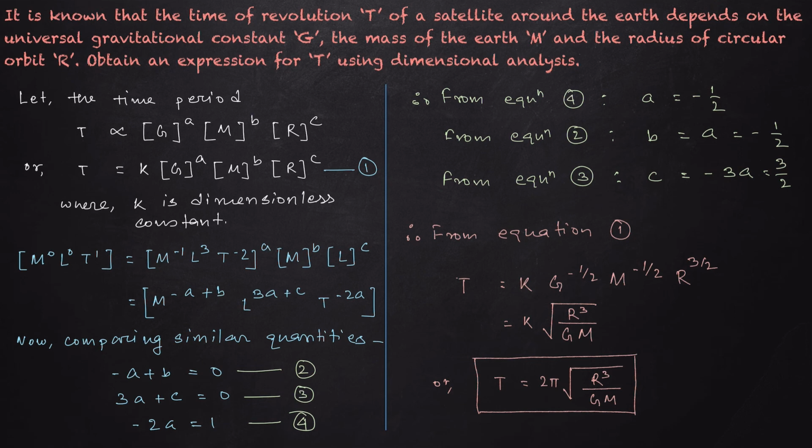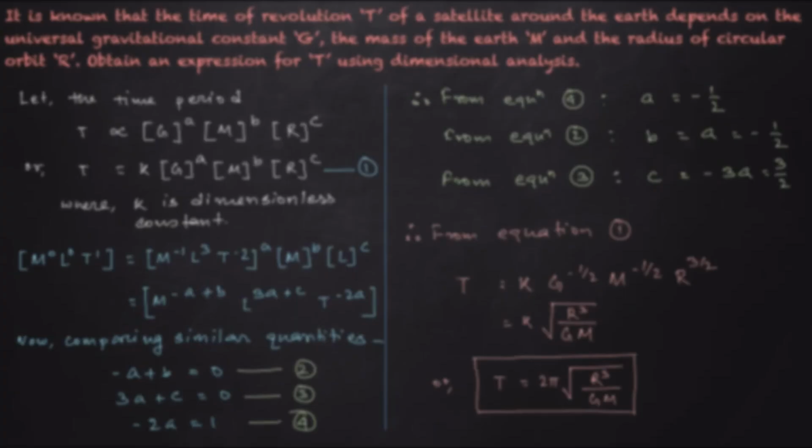So as you can see, there is a limitation of dimensional analysis, that we can't determine the value of this dimensionless constant using this procedure. So this is the limitation. Also we can't determine a relationship between physical quantities if some physical quantity depends on more than three quantities. So there are a few more limitations of dimensional analysis.